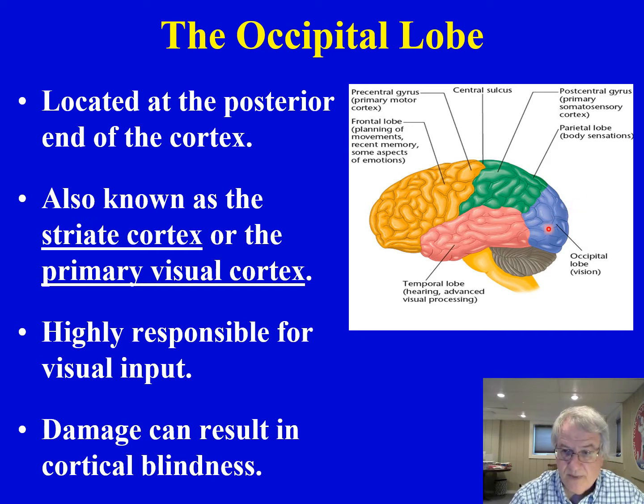And we'll talk more about this when we specifically get into the area of vision. If that area of the brain is damaged, it can result in what's called cortical blindness, meaning that your eyes are working fine, but because of the damage in the occipital cortex at the back of the brain, you can't see. Because that's the first relay station. When we begin to talk about vision, we're going to be talking about that.